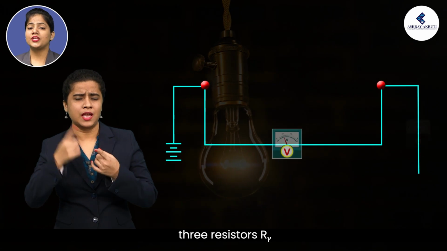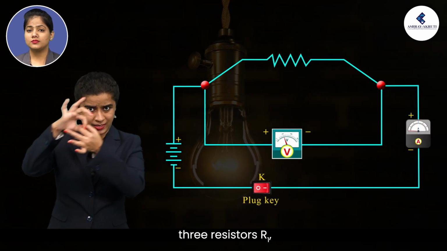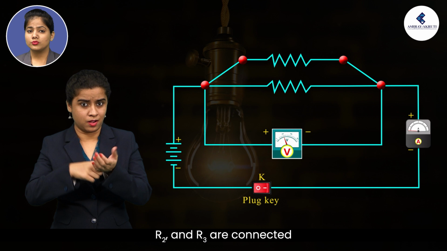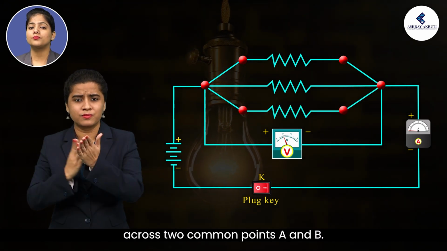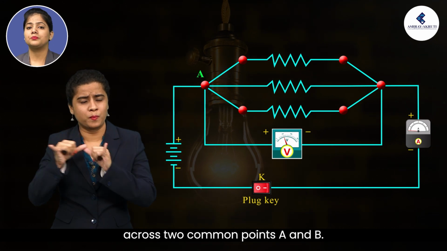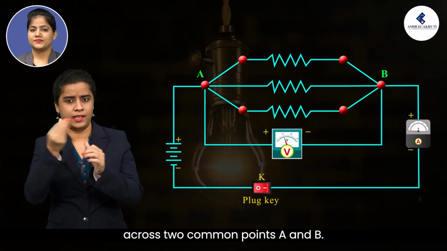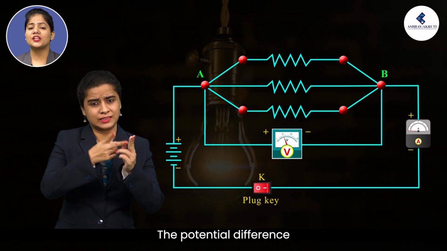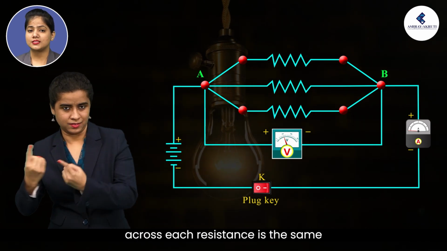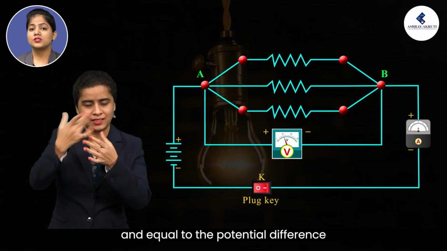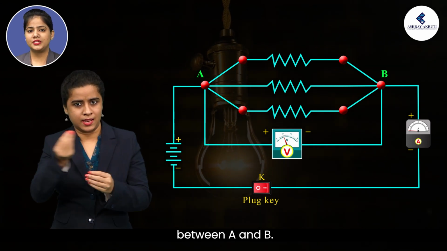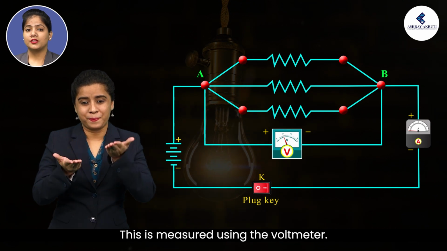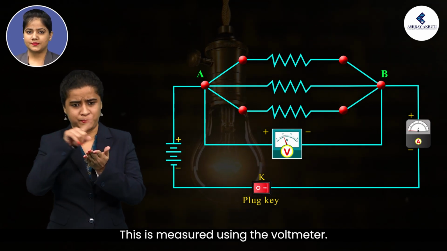Consider that three resistors R1, R2 and R3 are connected across two common points A and B. The potential difference across each resistance is the same and equal to the potential difference between A and B. This is measured using the voltmeter.